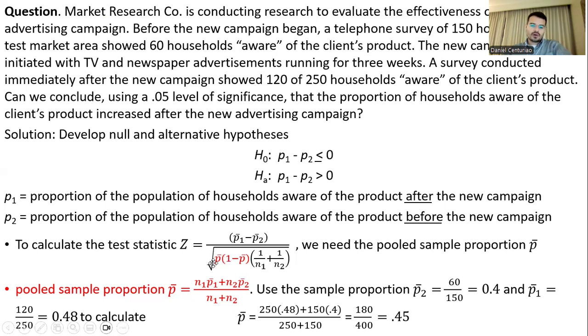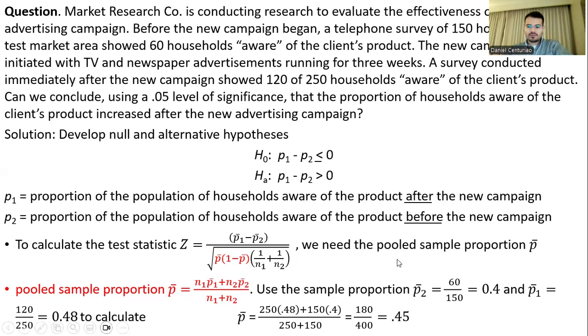What you need to do for calculating the second term, you need to calculate the pooled proportion sample, which is basically the formula in red here, which is the weighted average of the two proportions of the two samples. Let me just move this right here.